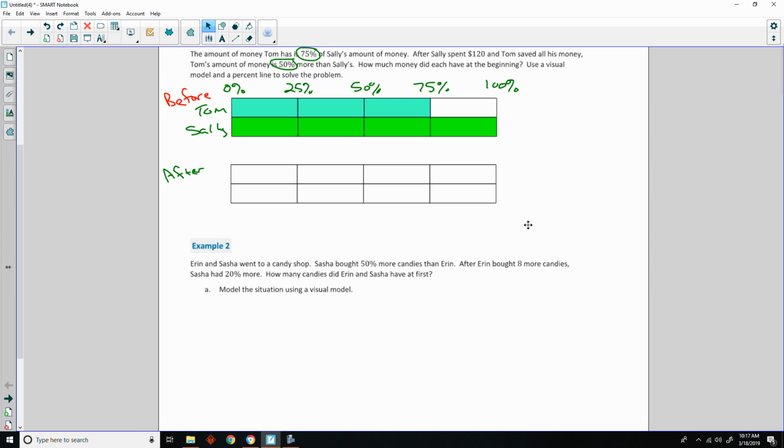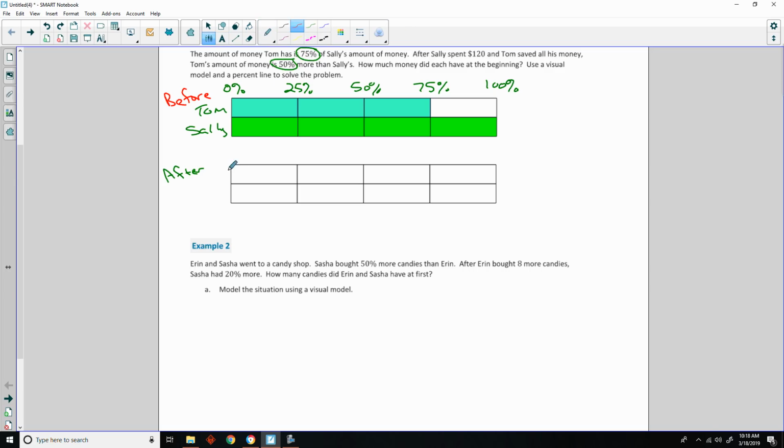Now after, it says, after Sally spent $120. So Sally's money is still 100%. We still want to consider hers 100%. But Tommy has 50% more than her now, so that would be 150%. So my percent line down here is going to be, let me change colors to something else.